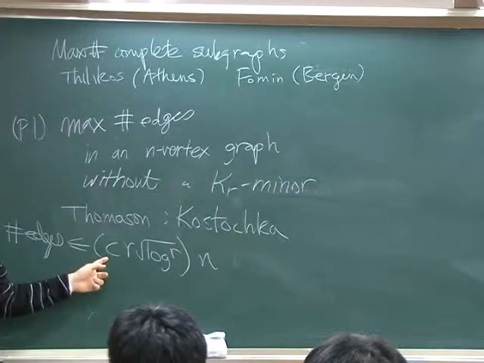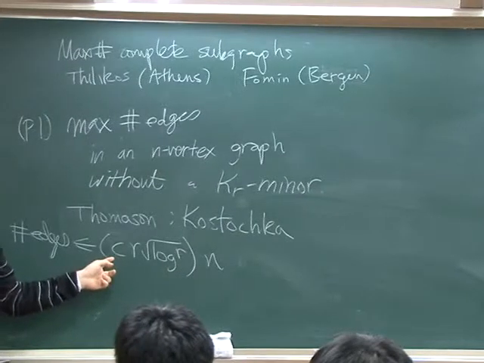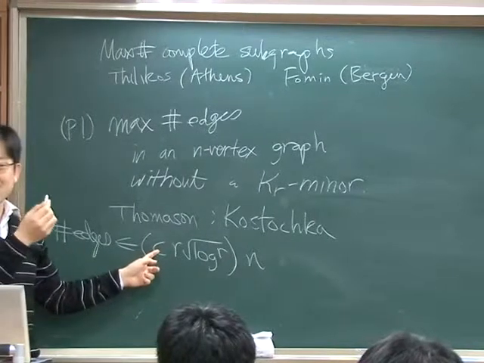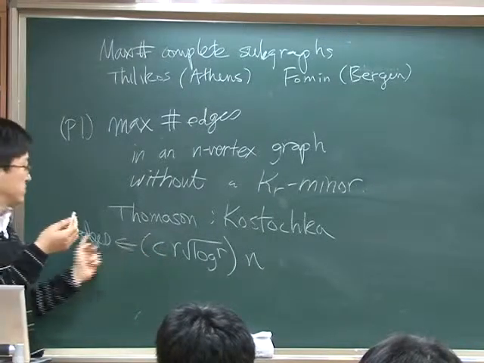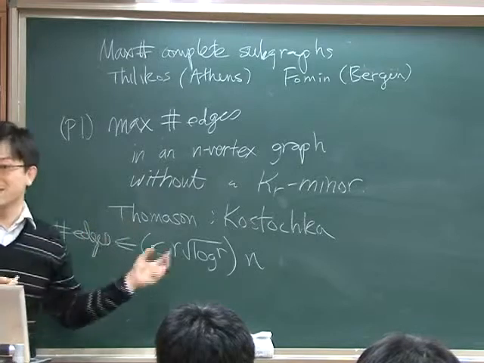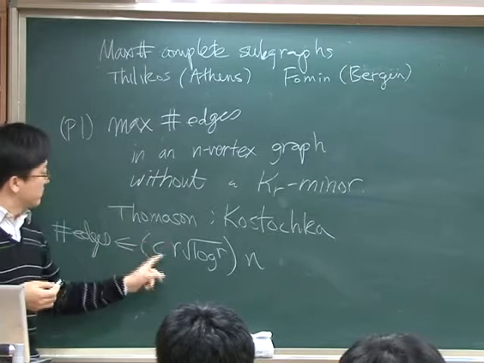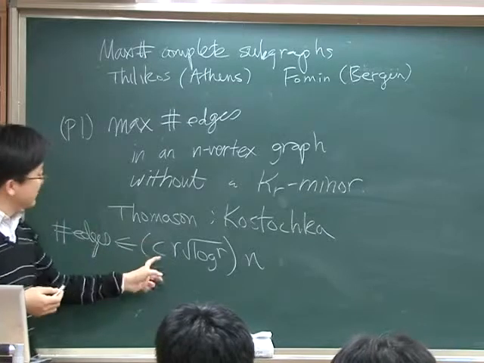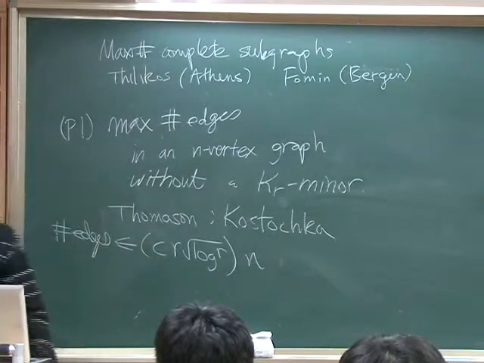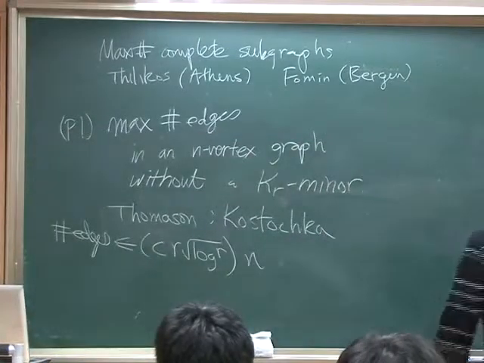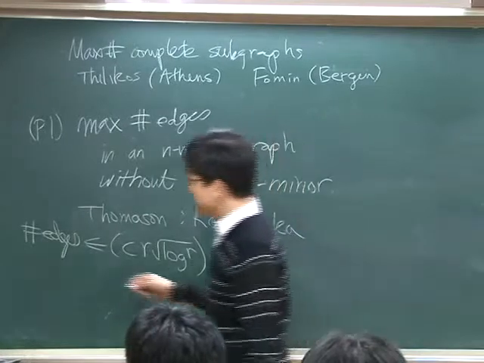So as r goes to infinity, there is a certain constant where if you take a slightly smaller constant, then there is a graph which violates this inequality. And if you have a slightly larger constant, for the right constant, you can prove this. So this is a well-known theorem in this area.